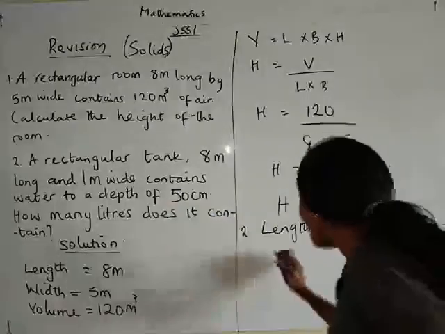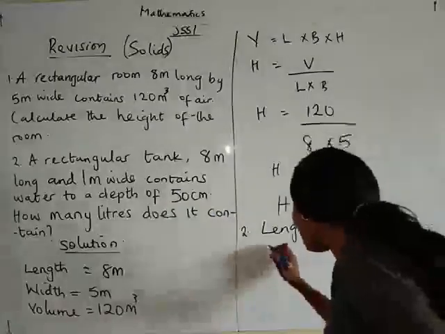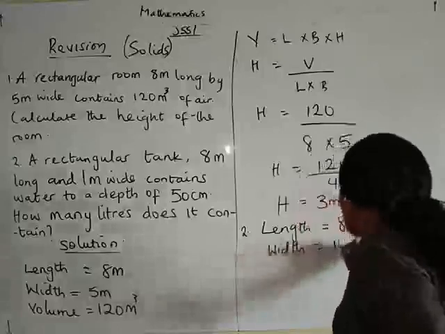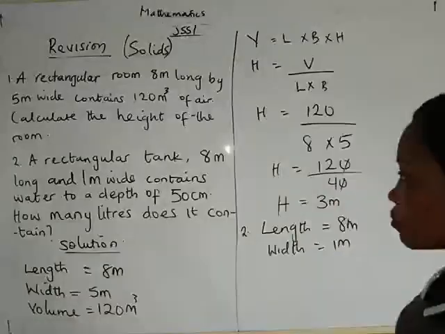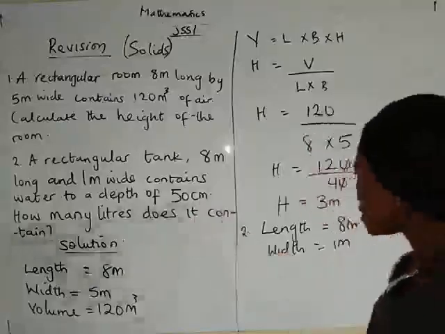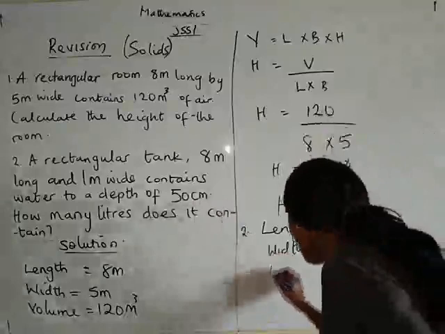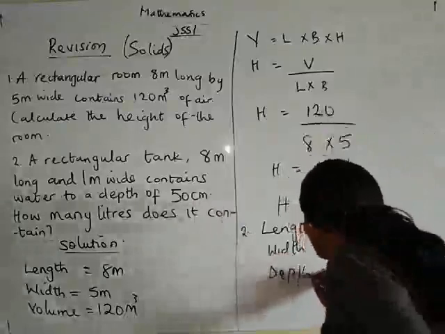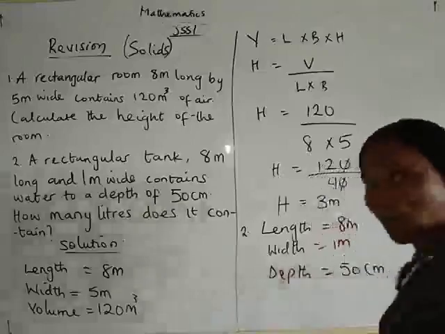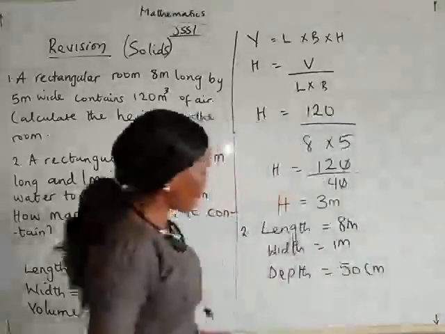Our width, or our breadth, is 1 meter. Now, we're given the depth to be 50 centimeters.